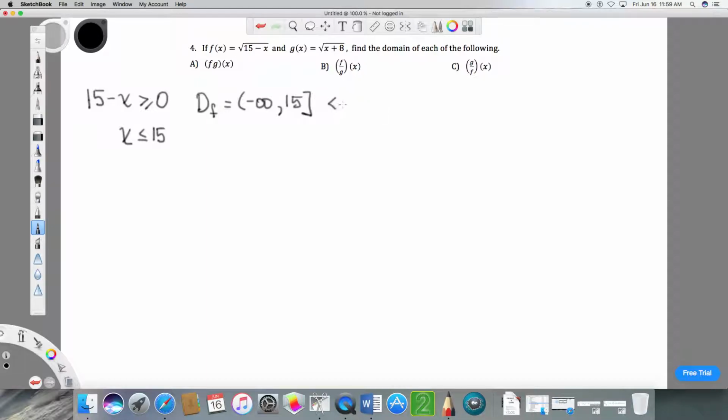Let's make a sketch of that on a number line. I'm going to include the endpoint 15 and shade to the left. So all of these values are in the domain of f.